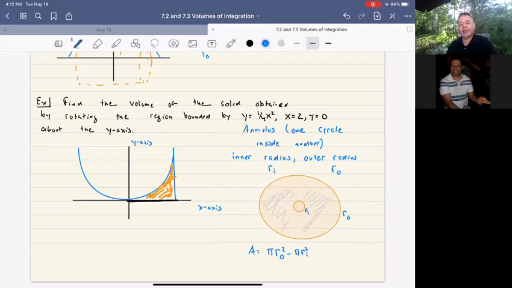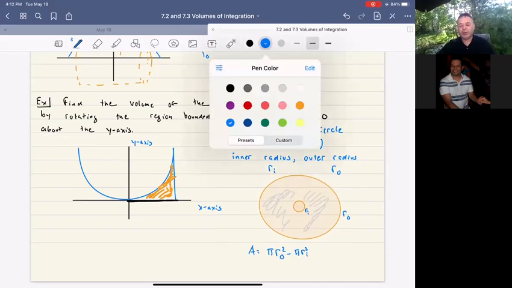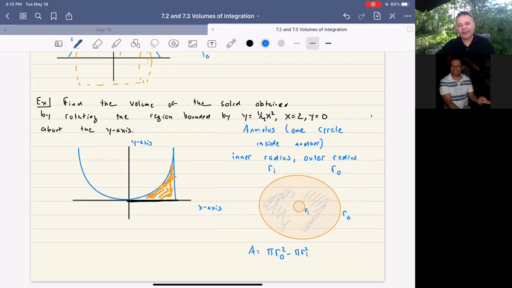Okay, so for this one, we're going to indicate what is the inner radius and what is the outer radius. So this is our center. Our center is x equals 0. I like sort of indicating what is our center of each circle.